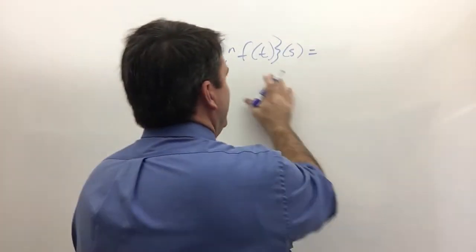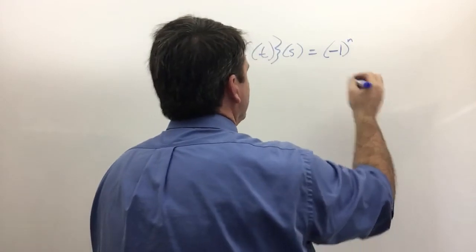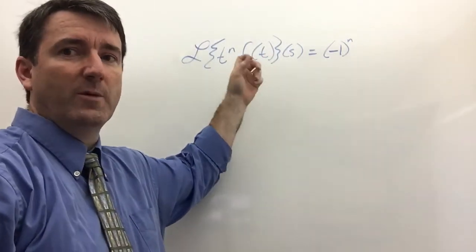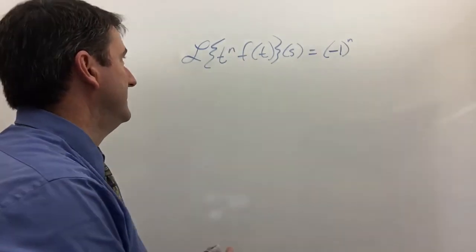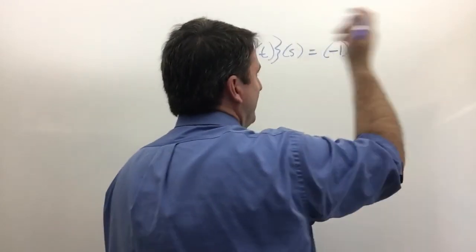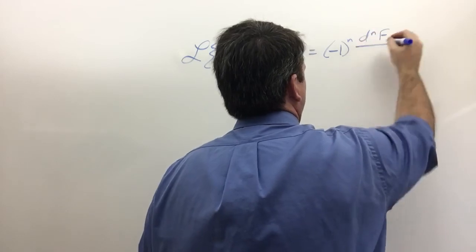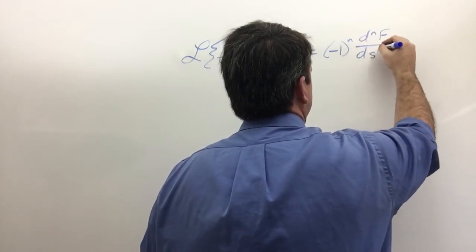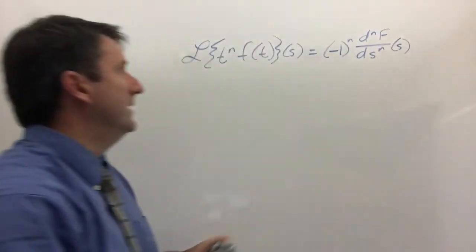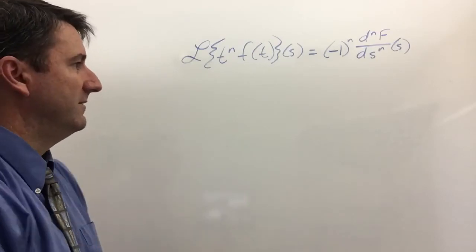Well, that's going to be equal to negative 1 to the nth power times the nth derivative of the Laplace transform of this function f of t, so d to the n of F over ds to the n of s. So there's our formula here.